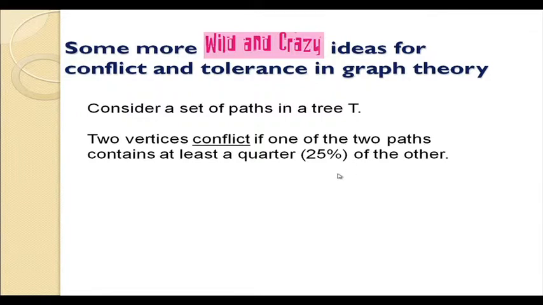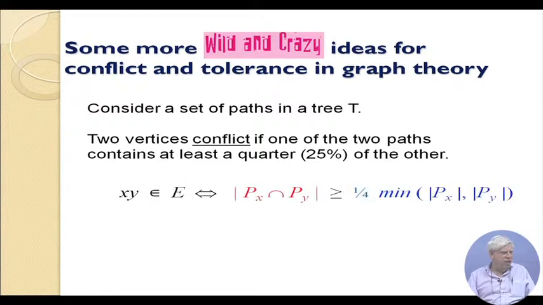You could think of a reason why you wouldn't want them to overlap for more than 25%, without quantifying it in terms of how many vertices, just the percentage of how much they overlap. And here's the inequality, I can define it perfectly well. If the size of the intersection is greater than a quarter of the minimum of their lengths, you get an edge.